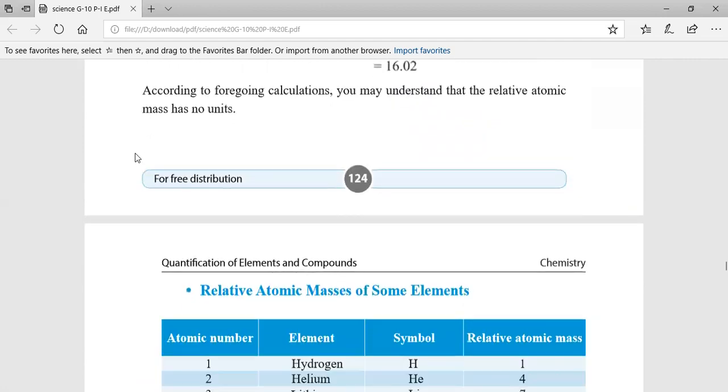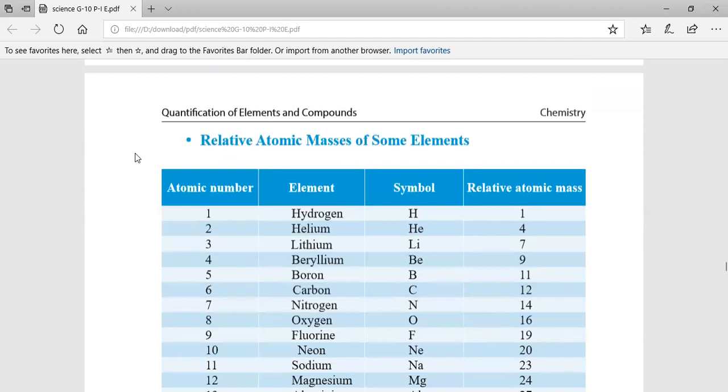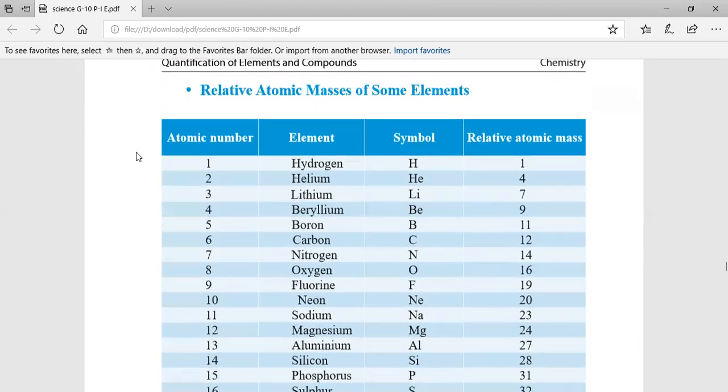Then next page, relative atomic masses of some elements. Sometimes you want to calculate the relative atomic masses of the elements.